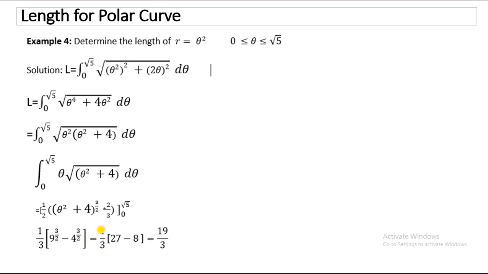The result is 1/3 of: 9 square root is 3, to power 3 is 27, minus 4 square root is 2, to power 3 is 8. 27 minus 8 is 19. 19/3. This is the length of this graph.